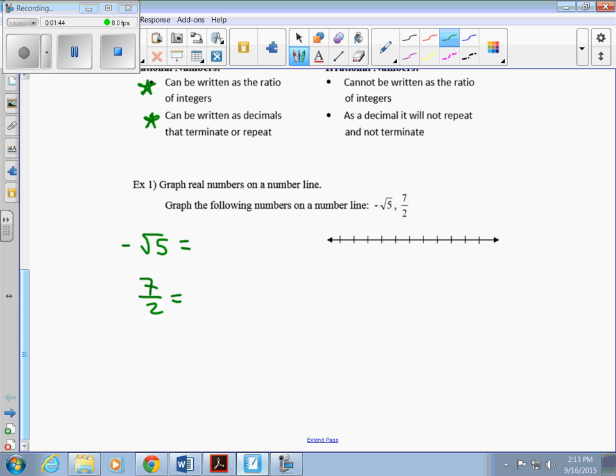It's just easier for us to see where they actually go. So 7/2 is 3.5, and the square root of 5 is 2.24, so negative square root of 5 is approximately negative 2.24. So if we put these on our number line, we're going to put a dot representing the place on the number line.